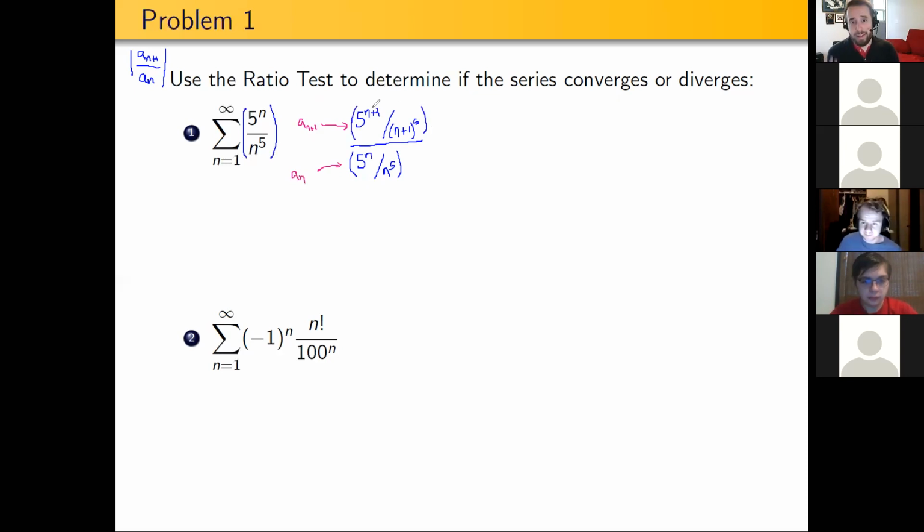That would be a sub n plus 1 because we've replaced all of our n's with an n plus 1. So according to the ratio test, we want to take that quantity, take absolute values of that quantity, and then take the limit as n goes to infinity of that to see what limit we might get.